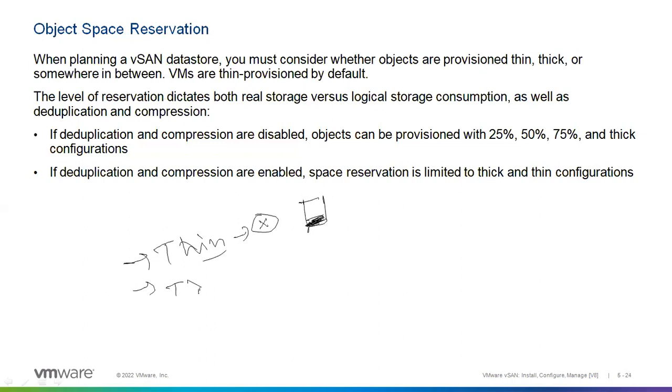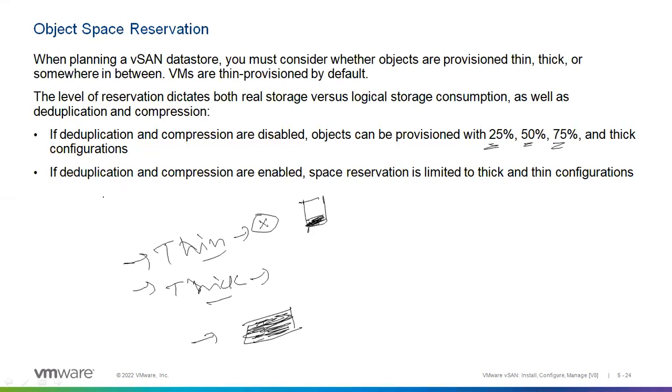In thick, what do you understand about thick from earlier, without vSAN? When you create a disk, it will consume the entire underlying storage, whether you are writing the data or not. That was thick. But here, thick is more granular. You can reserve 25%, 50%, 75% of that.